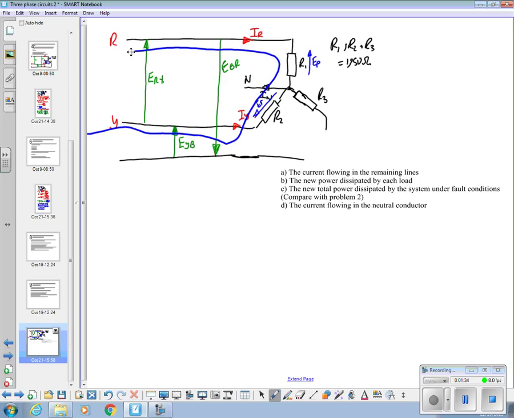So how have we calculated the currents IR and IY then?